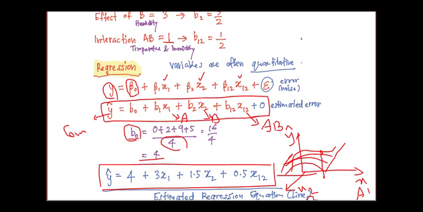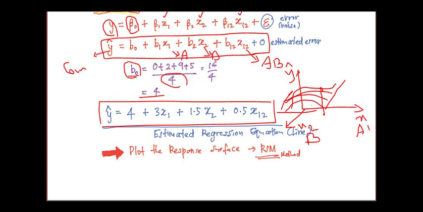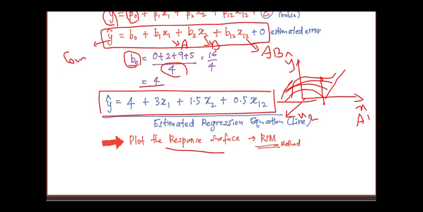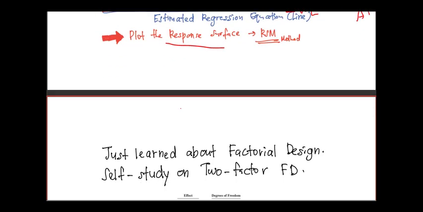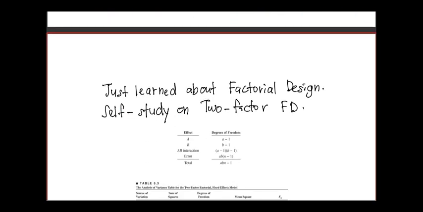In that case, we can find it on this surface, which is the topic of response surface methodology, very important, and we will discuss that in CLO2. Very handy, and useful to find much information about our results, which we will discuss later.